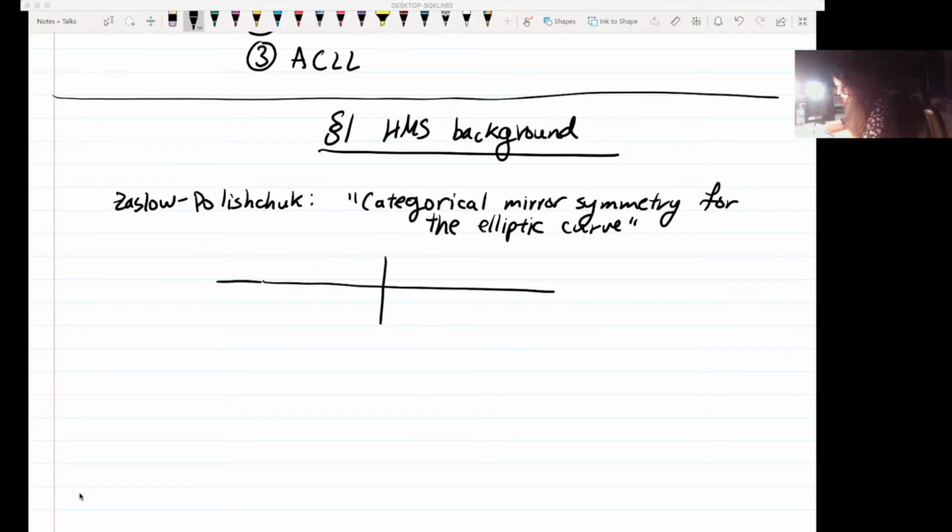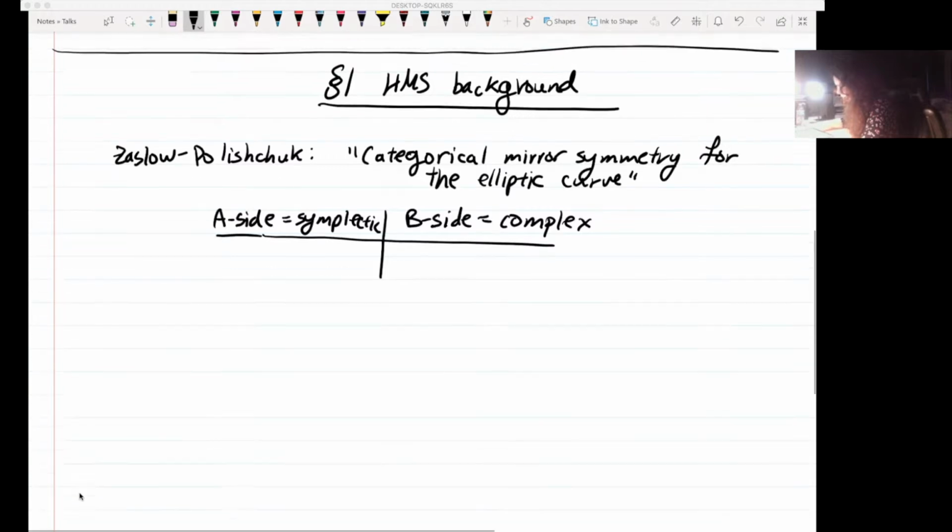So on the left side here, we have what's called the A side. So this is the symplectic geometry. And on the other side, we have the complex mirror. So we're looking at the complex geometry on a mirror.